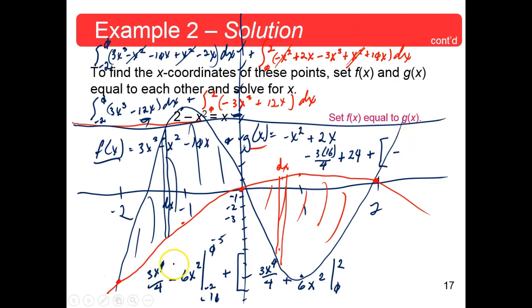And let's go on and simplify that a little bit. 4 will go into 16 4 times, so that's going to be a minus 12, just like it was there. Because it's the same numbers, it's just rearranged the minus signs a little bit. And then plus, and same as before, 24.